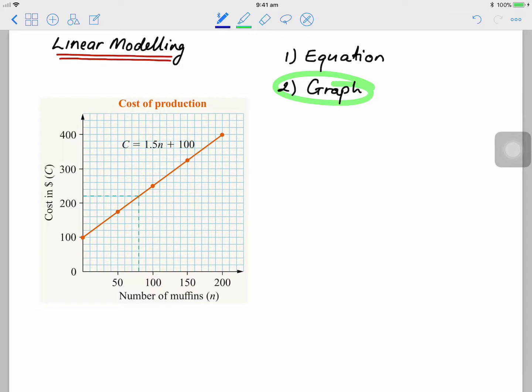So what if the question asks you, not a dollar value, but what is the cost of producing 1,000 muffins?